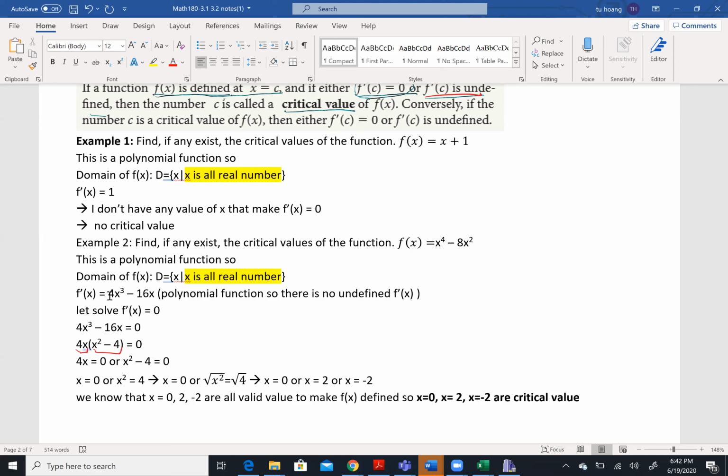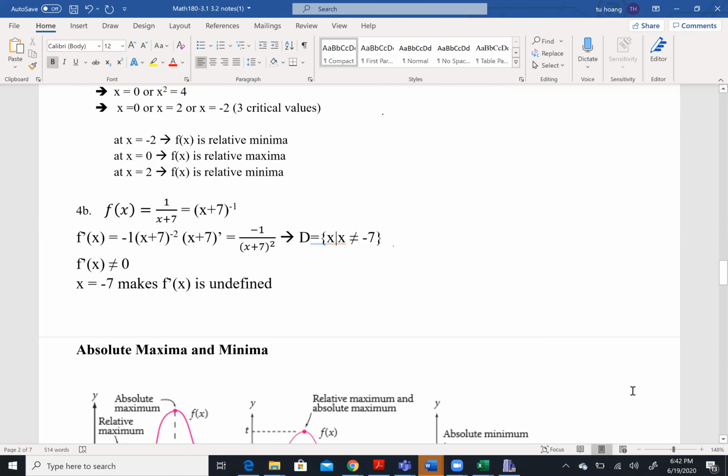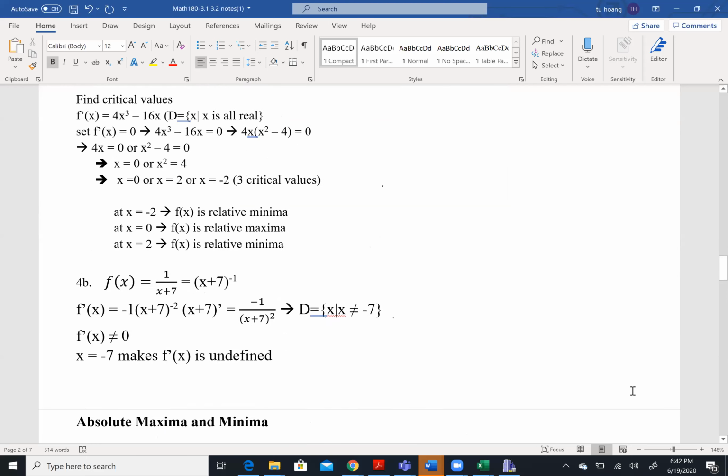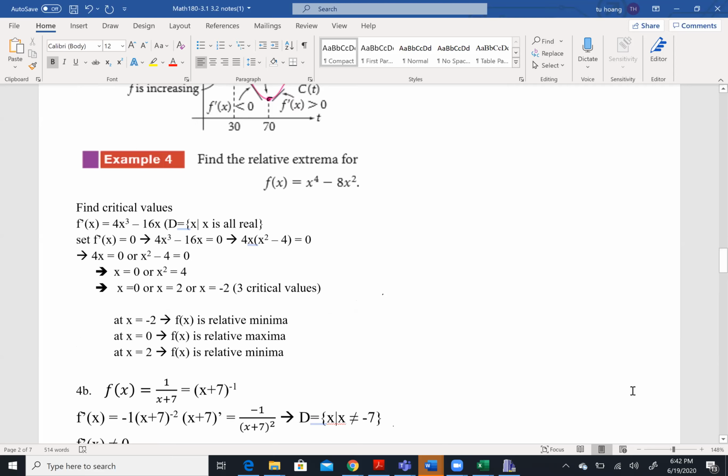So we have just done example number 2 here. Let me have another example. Let me see if I have a good one down here for you. Maybe this one is good.